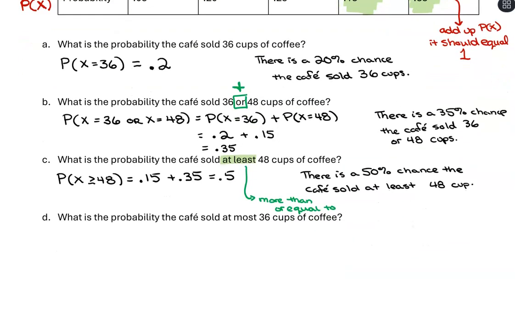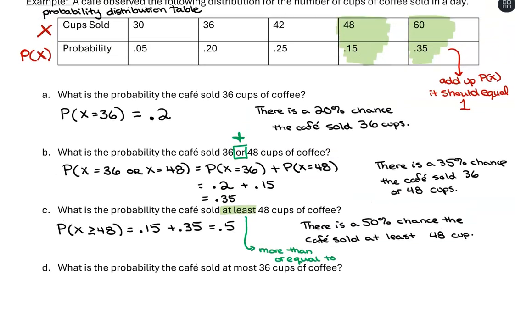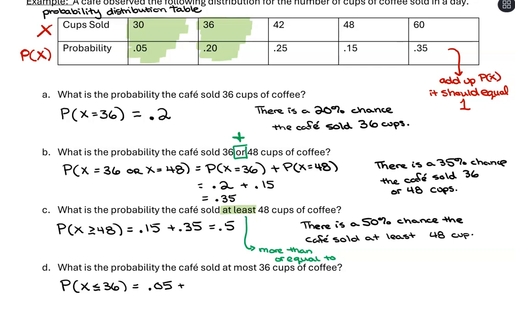Okay, next up, what is the probability the cafe sold at most 36 cups of coffee? Now in this case, they're setting a largest value for us. So at most 36 means that will be the largest, and we can include anything below. So this would be P of X less than or equal to 36. And with that, we add up the probabilities that we shaded above for 0.25.